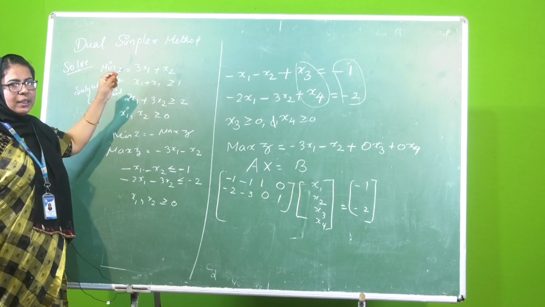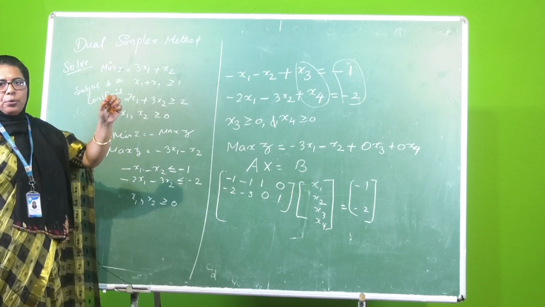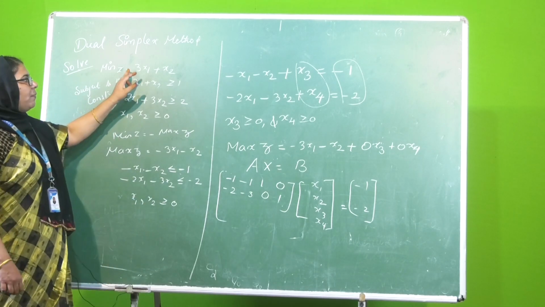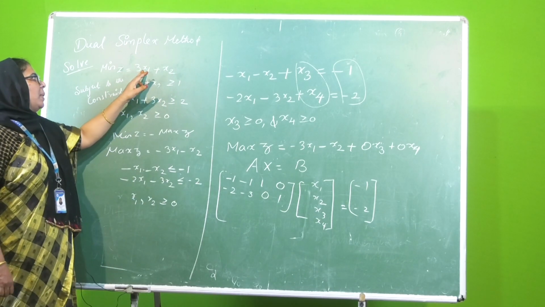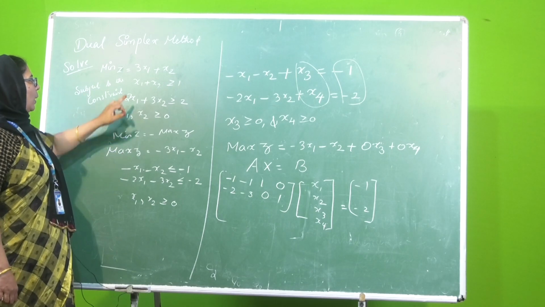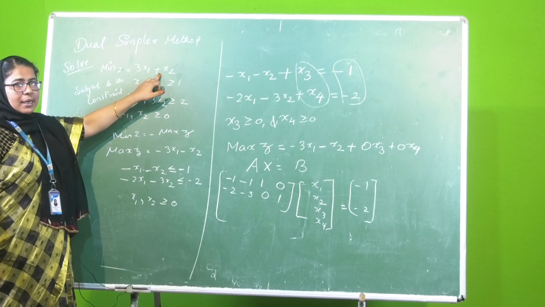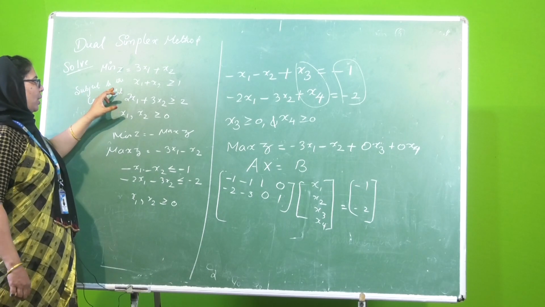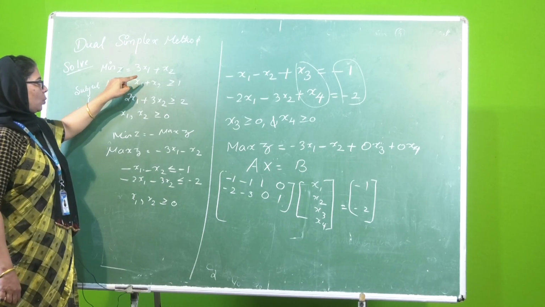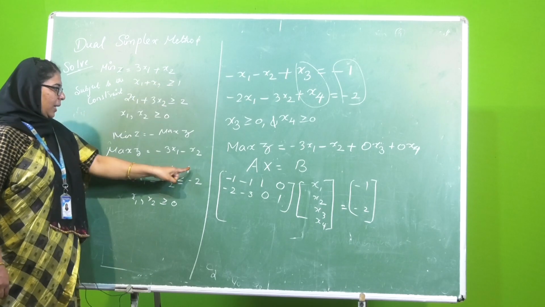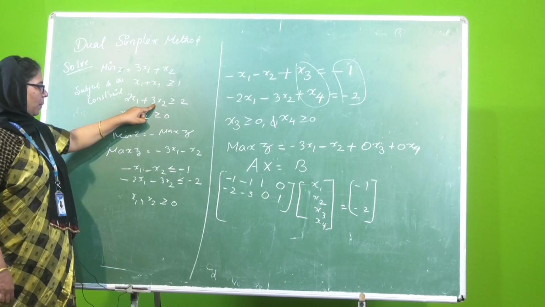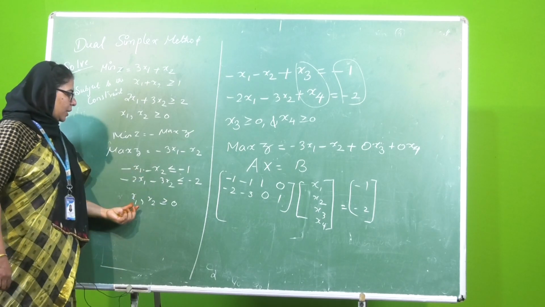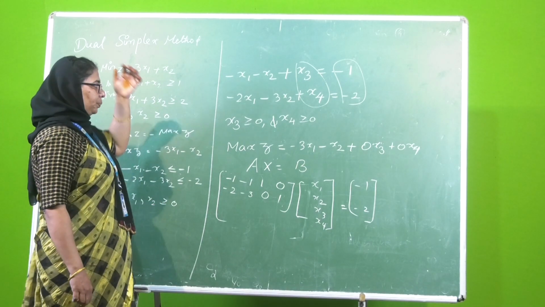First, you have to check whether the problem is minimized. You have to change the minimize to maximize, that is, you convert the sign of all the variables. The maximize z is equal to minus 3x1 minus x2, and in the constraints you have to change: minus x1 minus x2 less than or equal to minus 1, minus 2x1 minus 3x2 less than or equal to minus 2, x1, x2 greater than or equal to 0.